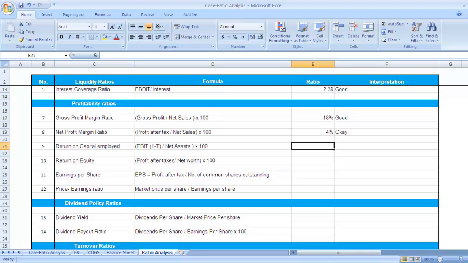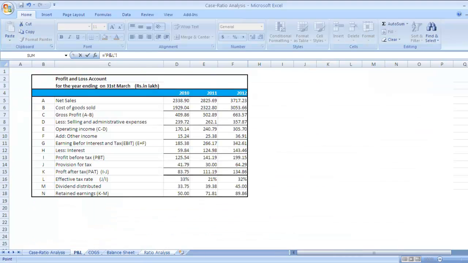Return on capital employed is one of the important ratios. The formula is EBIT into 1 minus T divided by net assets into 100. Here we can see what EBIT is. We have calculated EBIT, so go to P&L.